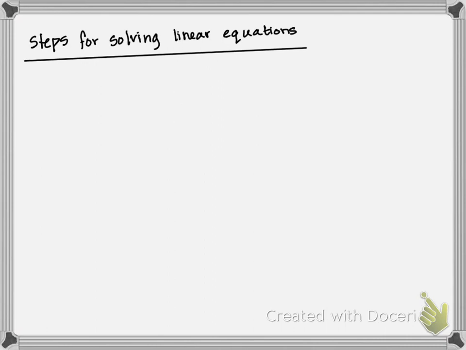So let's talk about steps for solving. This will probably be review. I encourage you to write the steps down anyway, because they're going to come in really handy when we start doing literal equations in about an hour, which are equations that don't have any numbers in them at all.